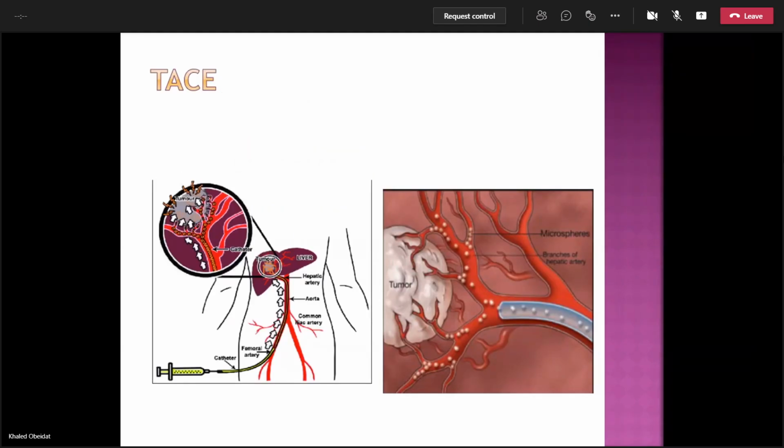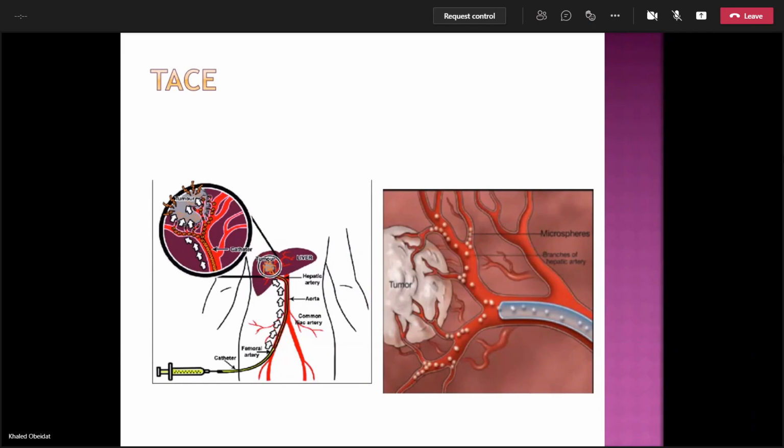Embolization, we go through the femoral artery, usually done by interventional radiology. They do a common angio, going through the femoral artery into the aorta and then the celiac trunk and then into the hepatic artery. On angiogram, they see what we call the tumor blush inside the liver, which represents the site of the tumor. We said the main blood supply of the tumor is from the hepatic artery.